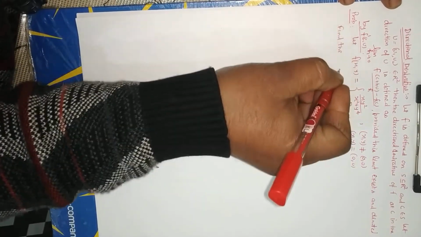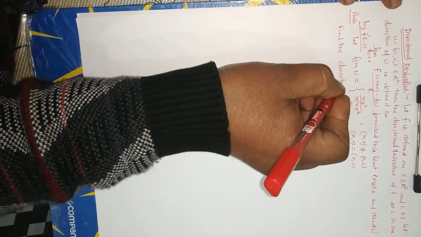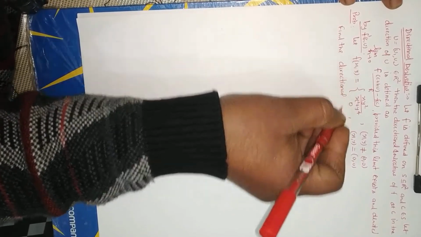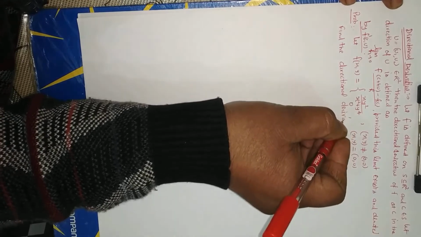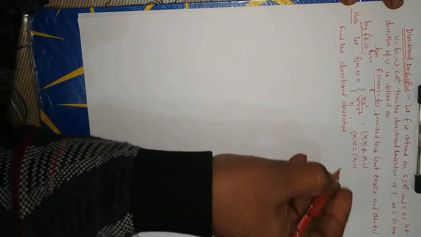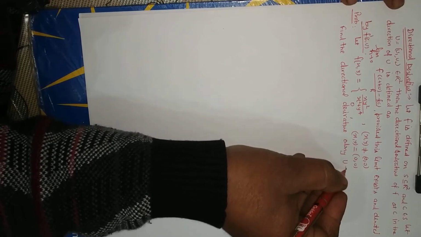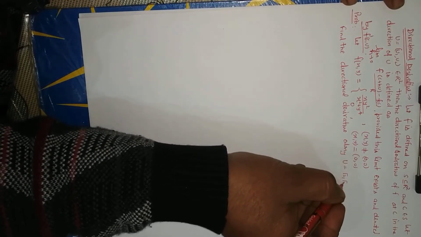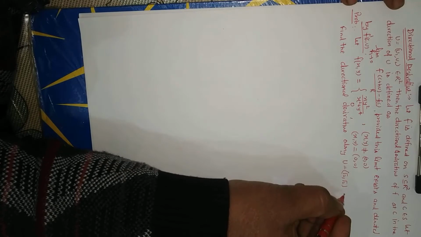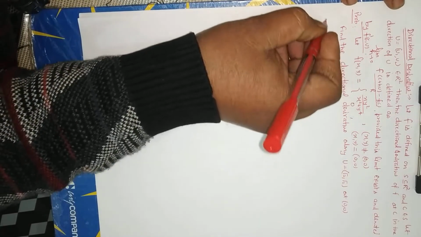Find the directional derivative along u equal to under root 2 comma under root 2 at the origin, that is 0 comma 0. Okay.